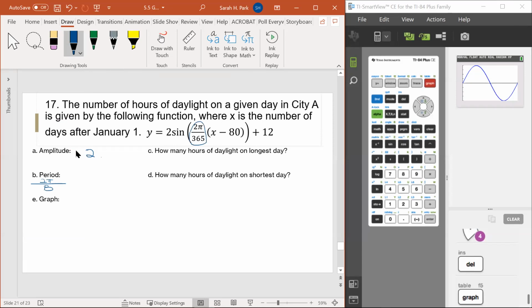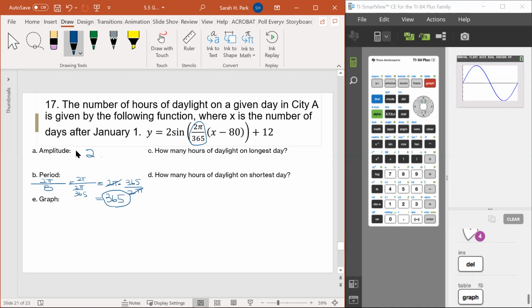Remember, the number in front of x is your B. So we have 2 pi over 365, which means times the reciprocal, 365 over 2 pi. The 2 pi's cancel out. So your period is 365. So this cycle repeats every year, 365 days.